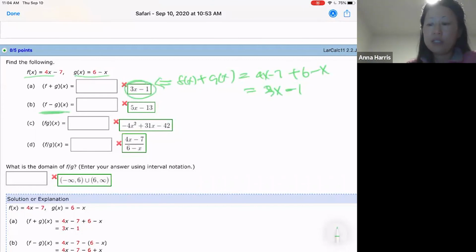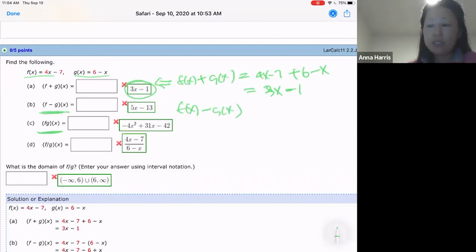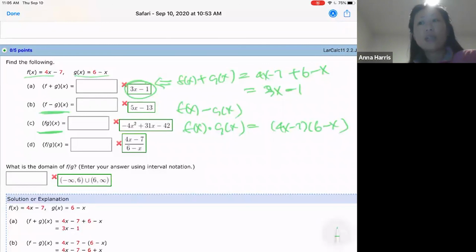This means f of x minus g of x. What does this mean? This means f of x times g of x. So this just means you have to FOIL. Okay, you need to FOIL that.